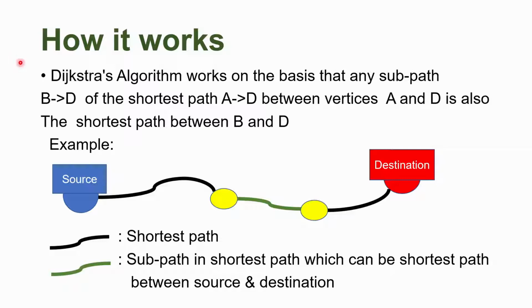So there is a source and destination, we can call it B to D, and there is one midway or shortest path between two vertices. So the black line is the shortest path, but the green line is a subpath in the shortest path, which can be the shortest path between source and destination.